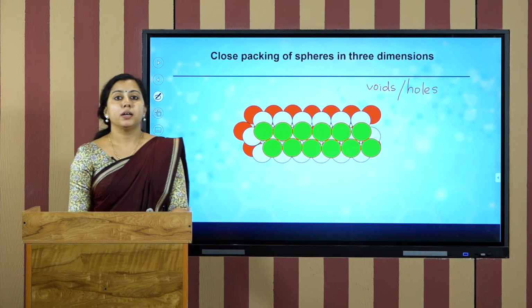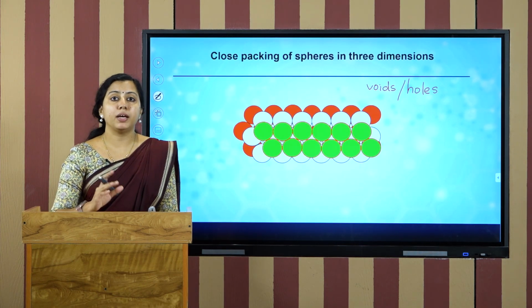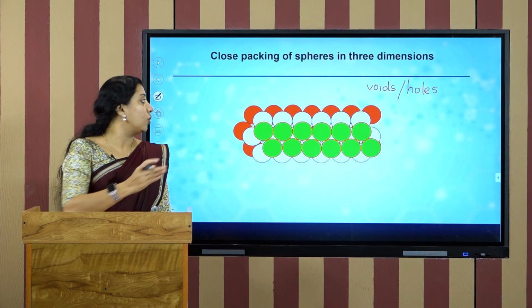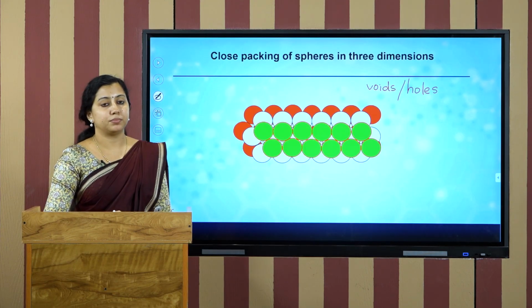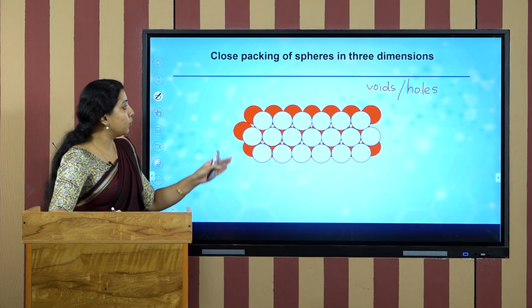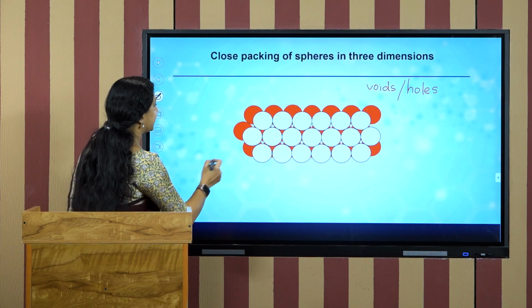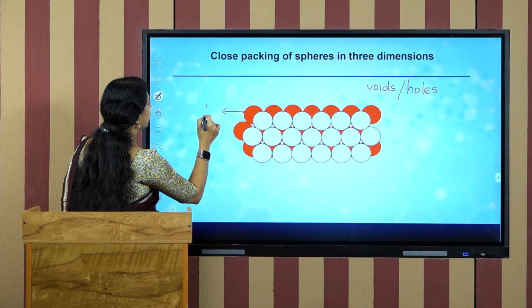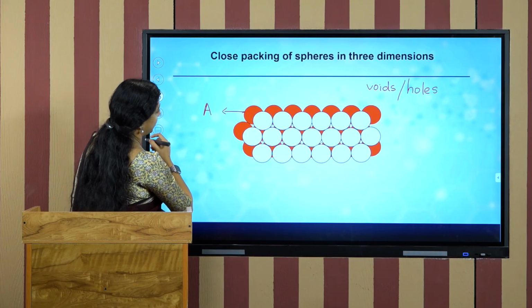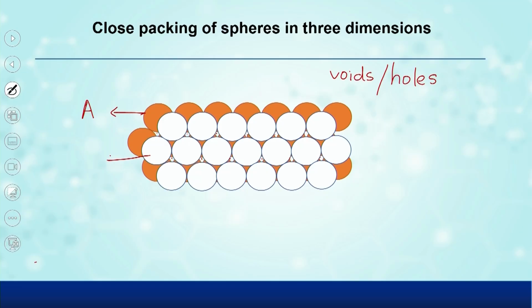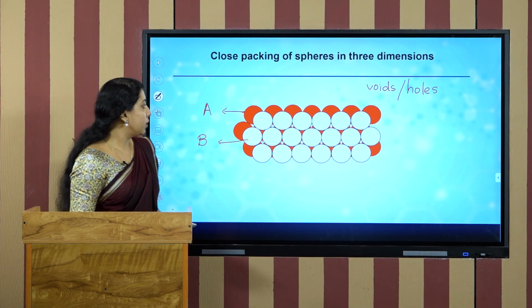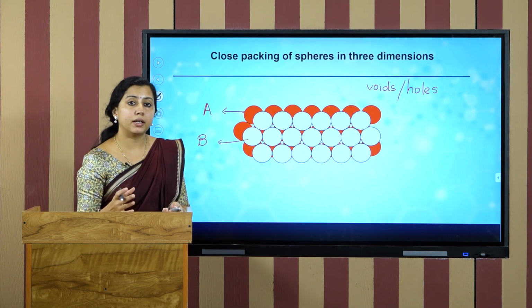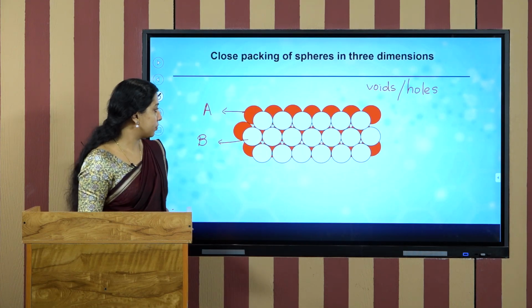Now, what happens when we add a third layer on the top of this? Okay. So, we have 2 layers. Let us mark them as this is the first layer, let it be A, and this is the second layer and let it be B. Okay. Now, we are going to add a third layer on top of it.